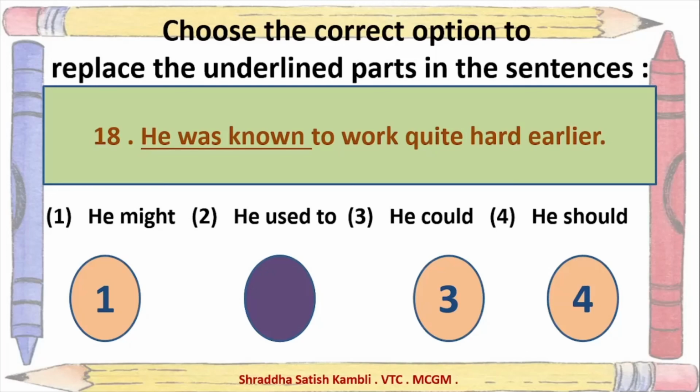Okay, children, this is as much as we could do to cover the topic modal auxiliaries. We started with trying to understand the definition of modal auxiliaries. We also took a look at the various kinds of verbs: the main verb, the auxiliary verbs, the primary auxiliaries, the modal auxiliaries, and the marginal auxiliaries. Then we talked about various examples and how these modal auxiliaries can be used.